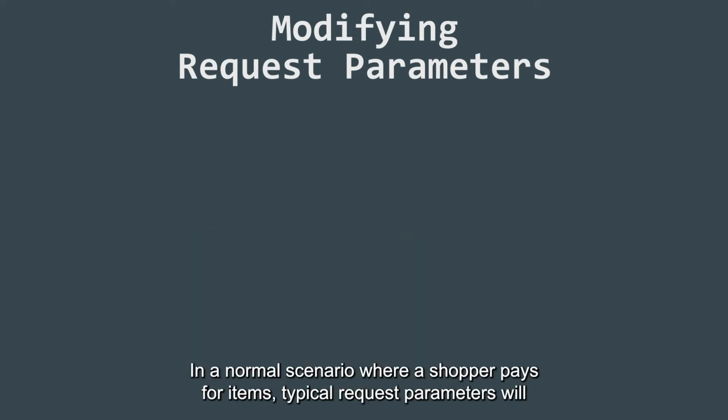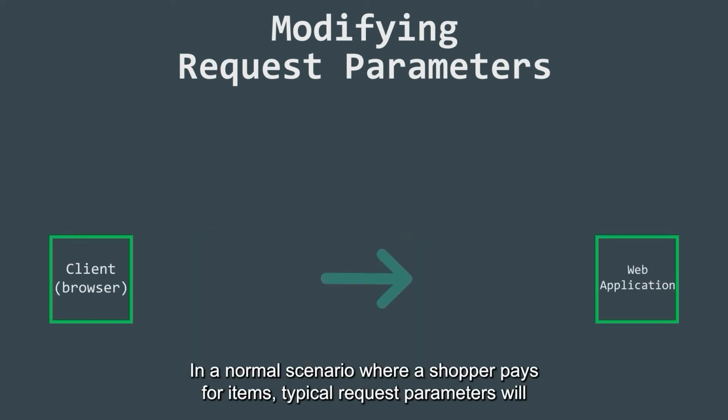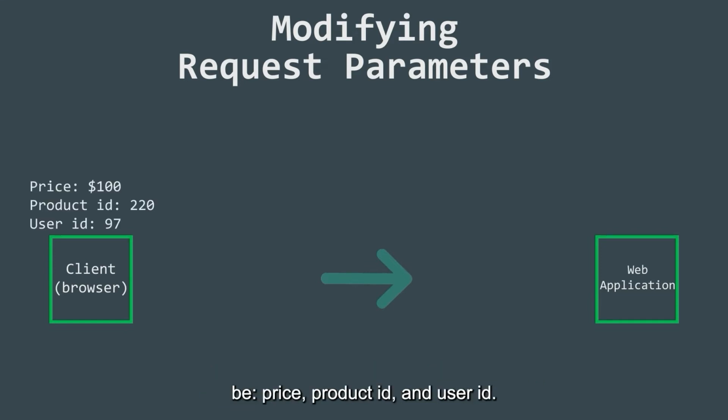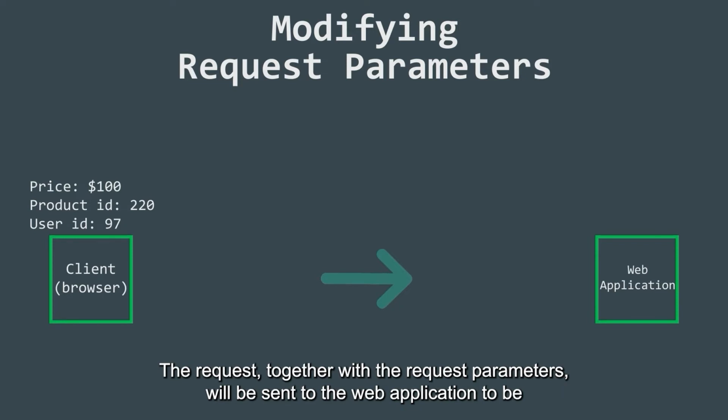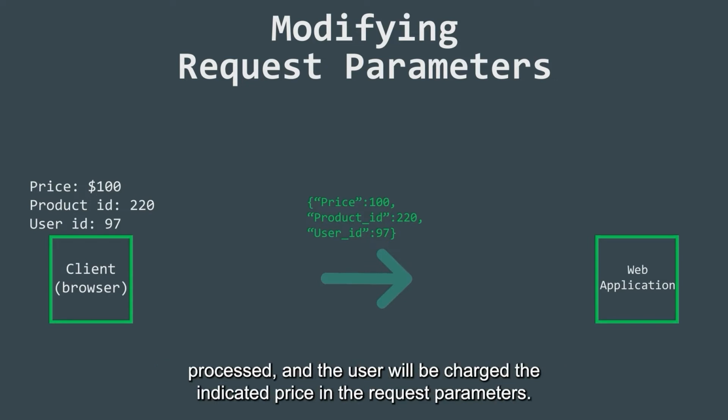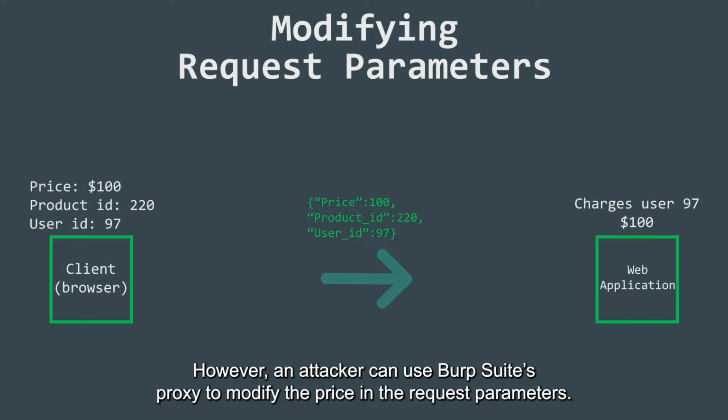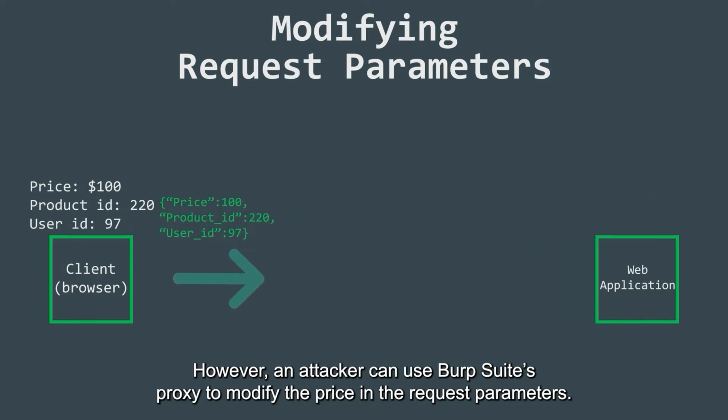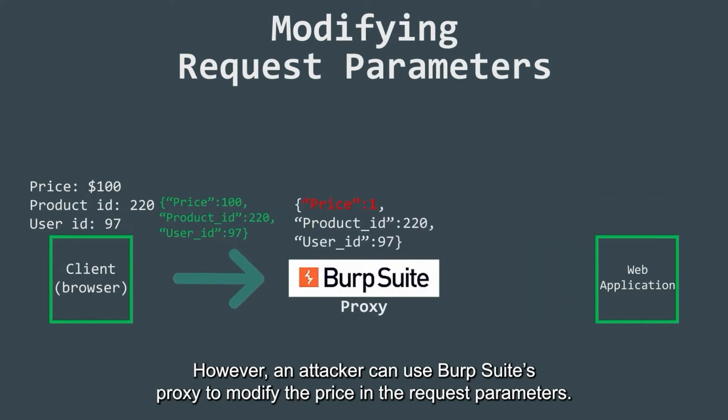In a normal scenario where a shopper pays for items, typical request parameters will be price, product ID, and user ID. The request, together with the request parameters, will be sent to the web application to be processed, and the user will be charged the indicated price in the request parameters. However, an attacker can use Burp Suite's proxy to modify the price in the request parameters.